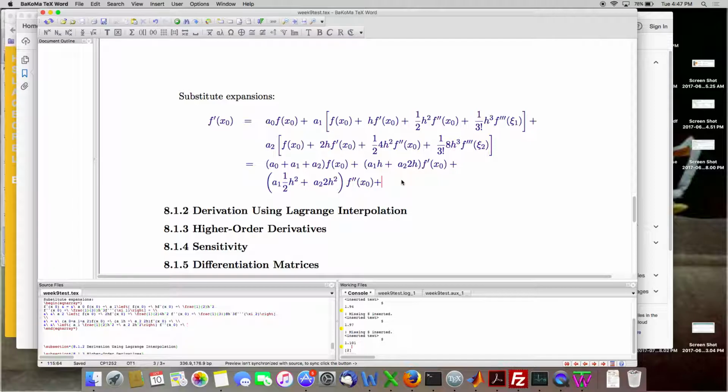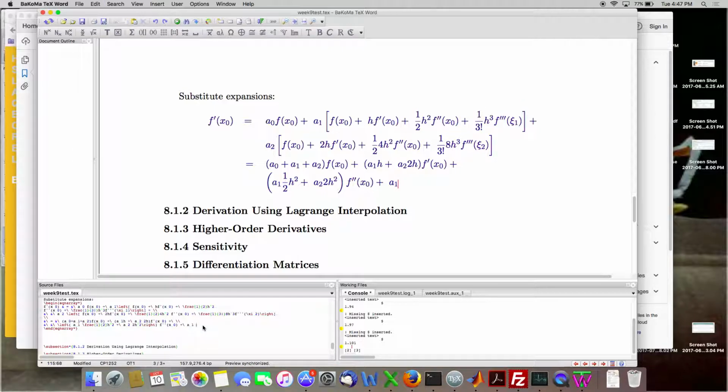And then what's left is my remainder terms. So I have a1, and then the remainder term from the first expansion. Whoa, that went very badly. Okay. Let's try that again.